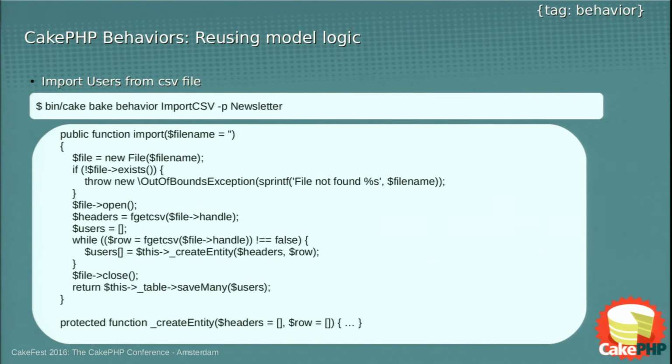The trait is good if you just need to add a function as it is to the model. That's fine to use a trait. If you need some more things provided by the framework, maybe a behavior or a component is a better option.